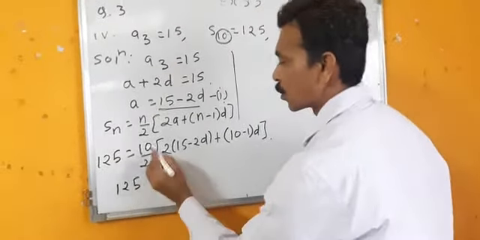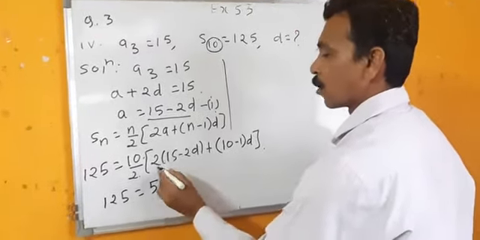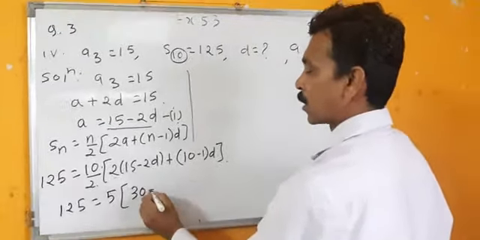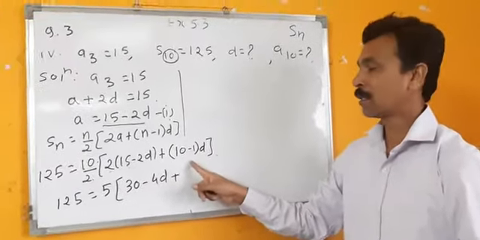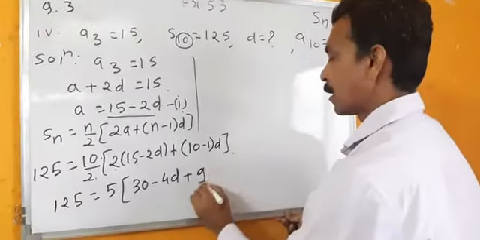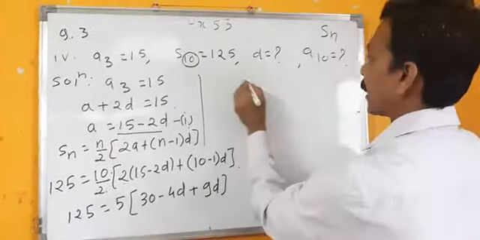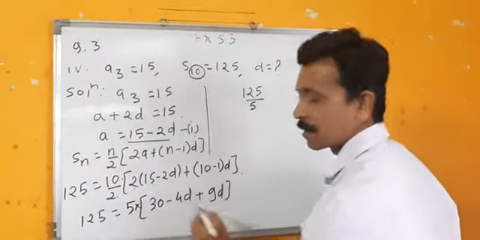125 is equal to, what is 10 upon 2? 5. Open the bracket. 2 into 15, 30. 2 into minus 2D, minus 4D plus, what is 10 minus 1? 9. 9 into D, 9D. Right? This 5 will go in the denominator. 125 upon 5 because it is multiplication.